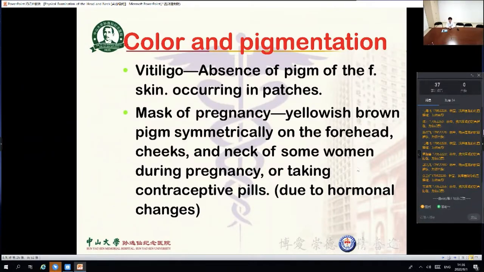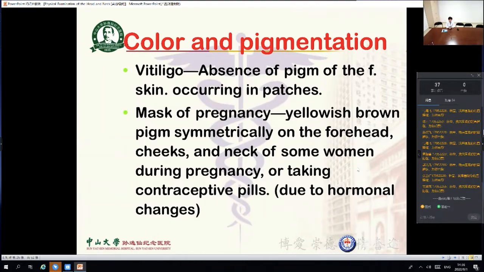Besides this, I would like to talk something about the color and the pigmentation from the faces. The first thing I would like to introduce is the vitiligo, which means the absence of the pigmentation of the face skin occurring in patches, 白癜风, the absence of pigmentation.